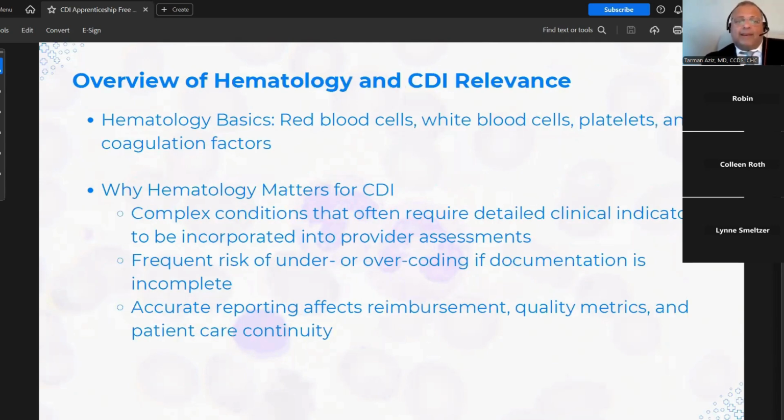All right. So getting started then, you should know the basic cell types before you begin to try and review charts that feature hematological diagnoses. It's very important at first to make sure that you feel comfortable with all of the different types of cells that you might find within the blood system. So red blood cells, white blood cells, and platelets.